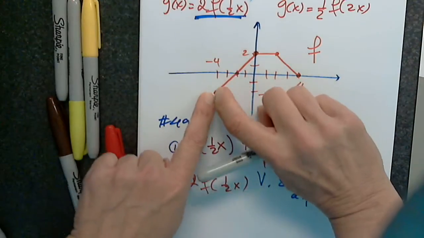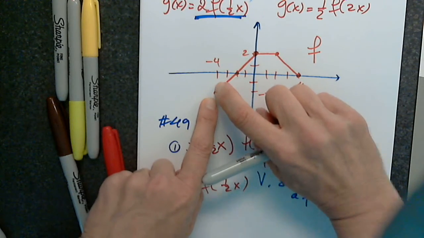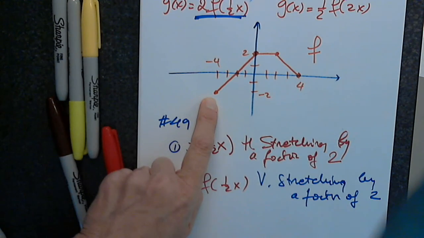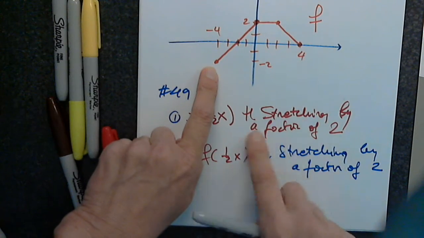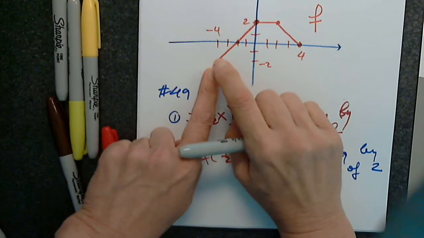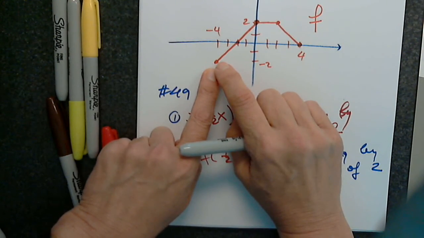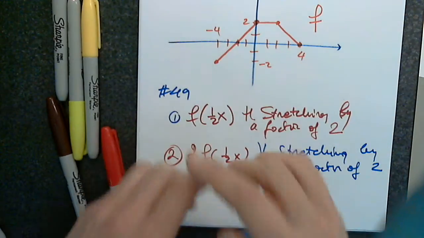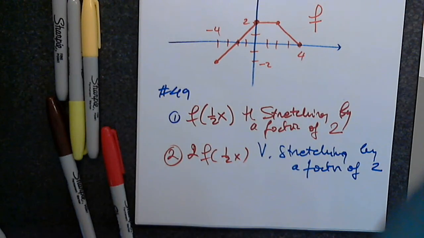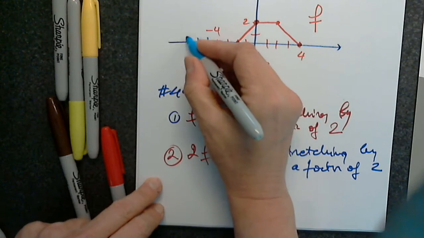This point has the x coordinate at -4. Y does not change. We only stretch the graph horizontally. Where does this point go? Still at -2 for y, but where will its x be? Thank you very much.